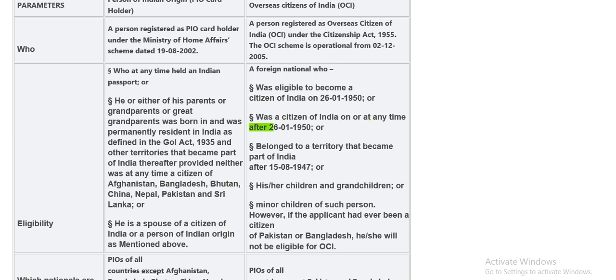A foreign national who Section A: was eligible to become a citizen of India on the 26th of January 1950, or Section B: was a citizen of India on or at any time after the 26th of January 1950, or Section C: belonged to a territory that became part of India after the 15th of August 1947, or Section D: his or her children and grandchildren, or Section E: minor children of such person.